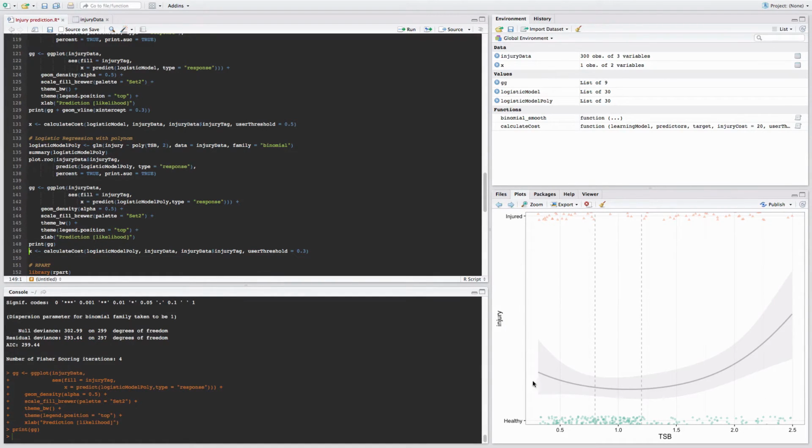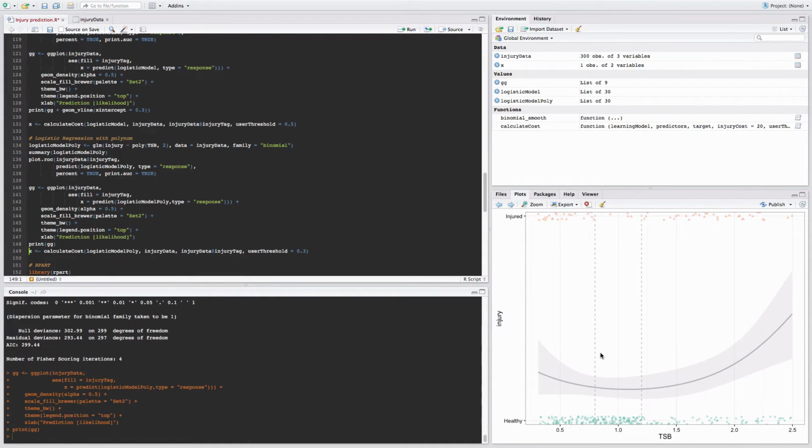One of the points is that even if a feature, in this case training stress balance, is associated with injury, so that means that increasing, actually I cannot say that because this is only association, it's not causation. So the guys who are injured seem to have higher training stress balance compared to the guys who are not injured. And also in the opposite direction, there's much more injured guys when training stress balance is increased.